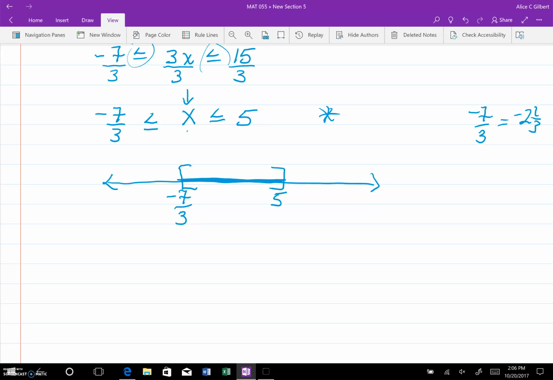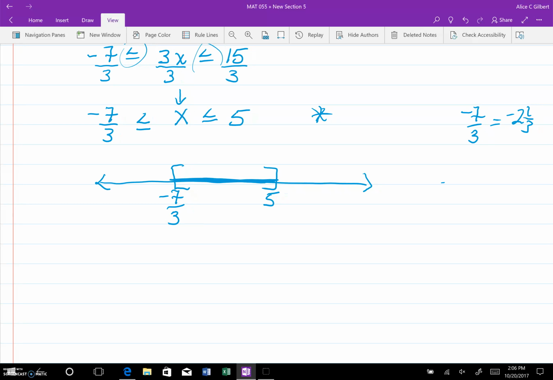It is not. So it can't be at the ends. So this is my graph. That's my answer for my graph. And then this is my interval notation.